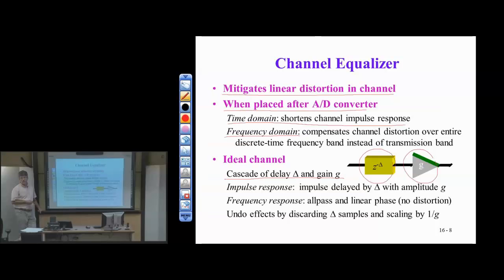By delta samples. How do I get rid of the delay? Sure, I can get rid of the delay. How do I get rid of it? Shift it, and then as an implementation, what do I do to shift it? Make a buffer? Better than that. Yeah, throw away the samples. How many?